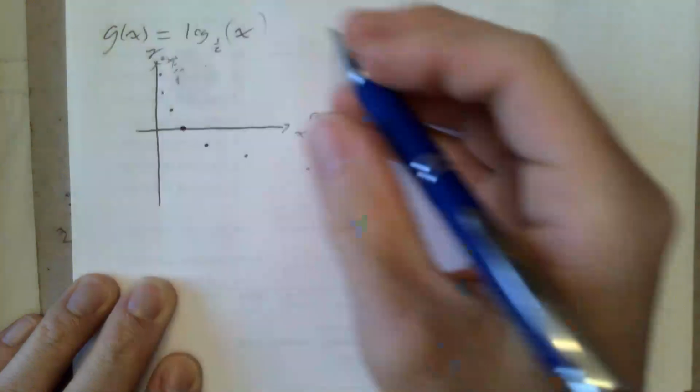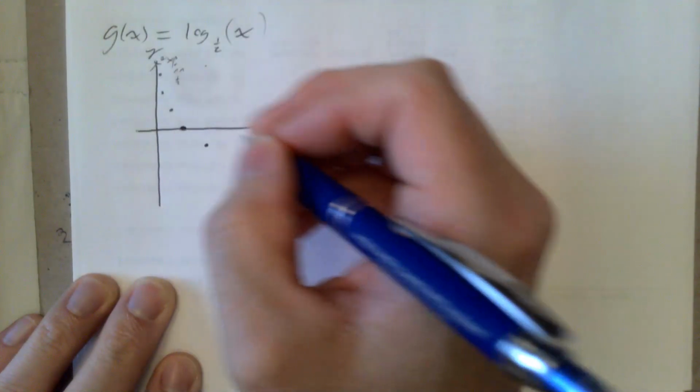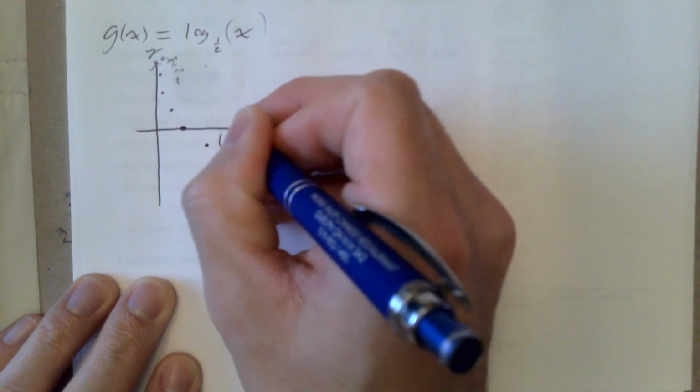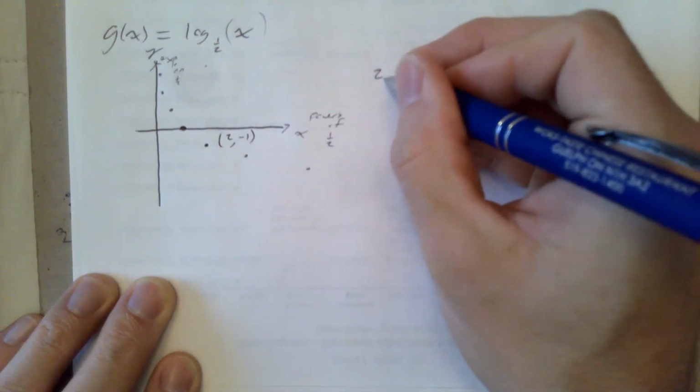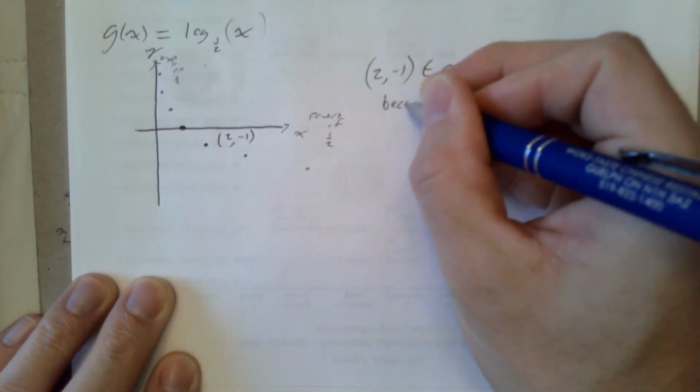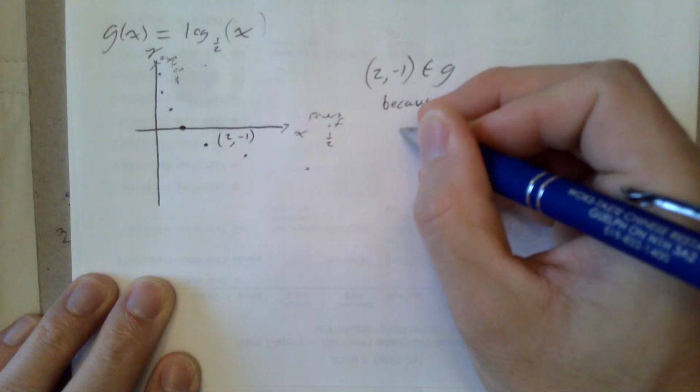Here, let's analyze one of these, or a couple of these ordered pairs here. Let's look at (2, -1). (2, -1) is an element of g because we'll have a couple of different reasons here.